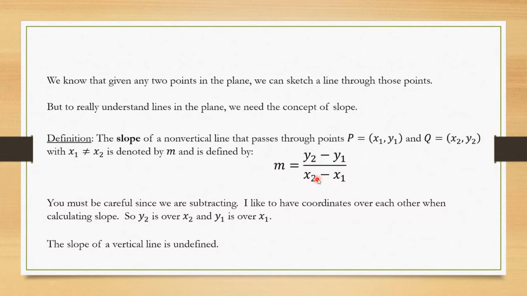The coordinates for the same point are on top of each other. So for instance, y2 and x2 are both coordinates for the point Q. So they're on top of each other in the formula. Same thing with the other x and other y, x1 and y1. They're coordinates for the other point, so they have to be on top of each other in the formula. That's just how I like to remember it. That's just me, though.